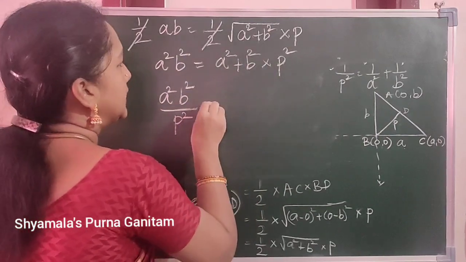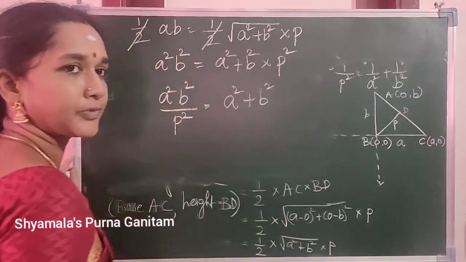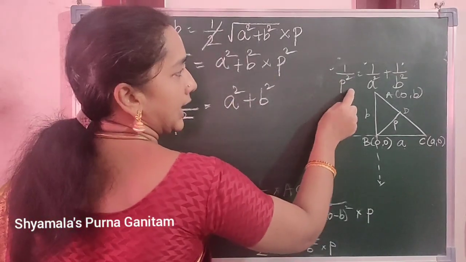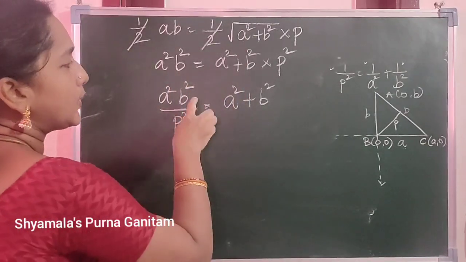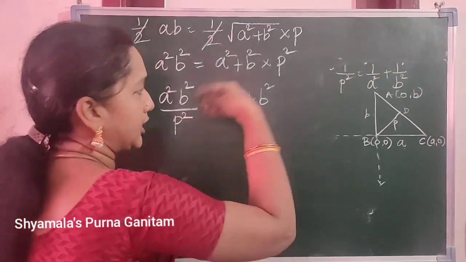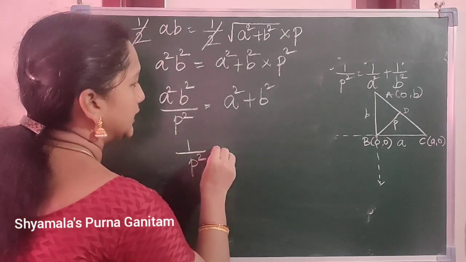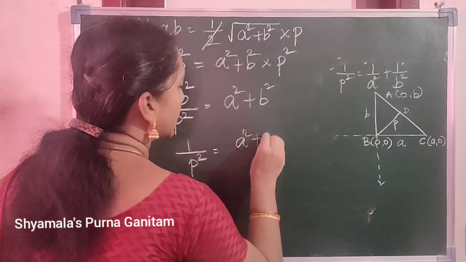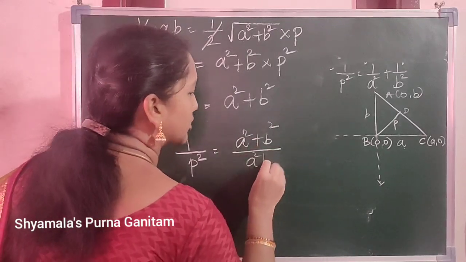I have to prove this only, so I will bring this A squared B squared to the denominator, opposite side. So 1 by P squared is equal to A squared plus B squared by A squared B squared.